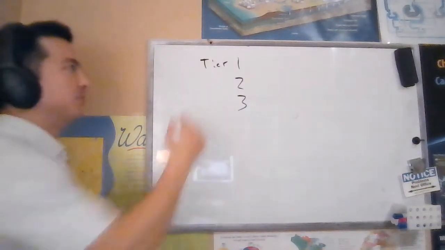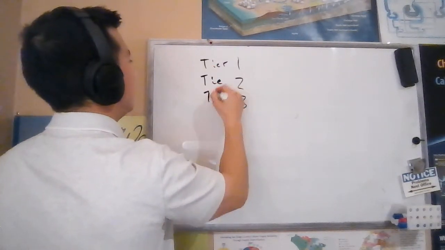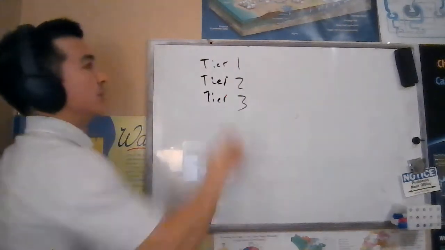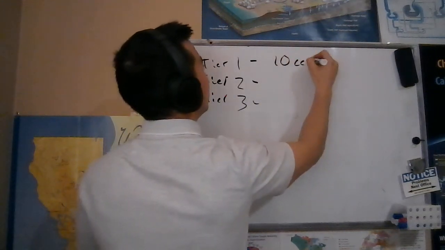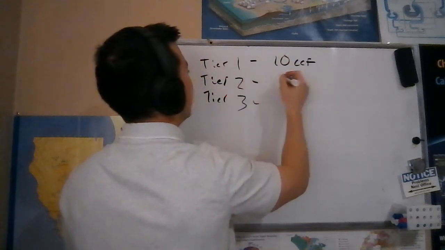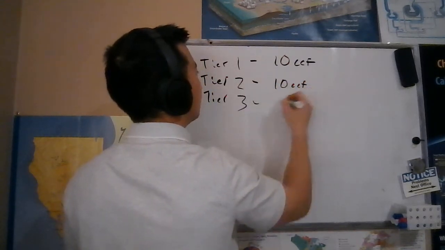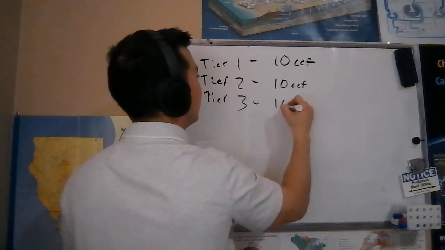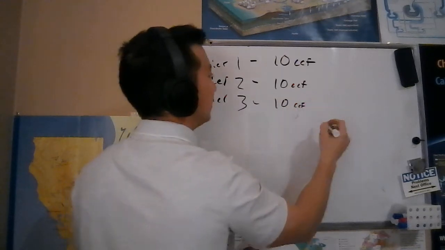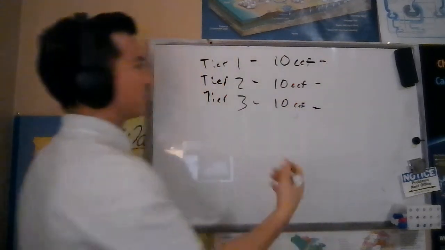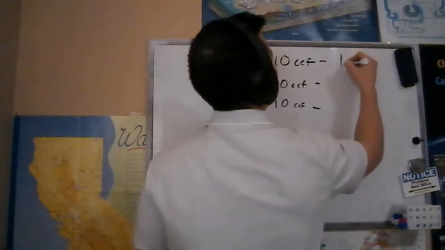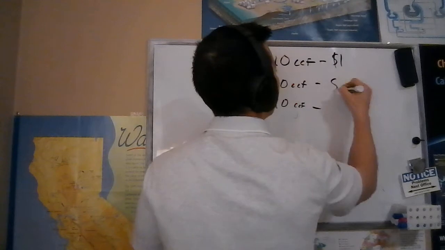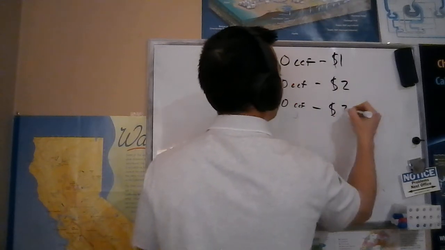So in your simplest form, which is going to be your generic, we just say Tier 1 is the first 10 100 cubic feet you use. Tier 2 is the next 10 100 cubic feet. Tier 3 is the next 10 100 cubic feet that you use. And then, of course, there's a cost per unit of water. So maybe Tier 1 is $1. Maybe Tier 2 is $2. Maybe Tier 3 is $3.